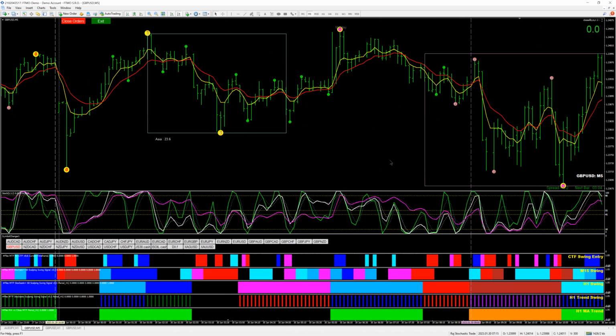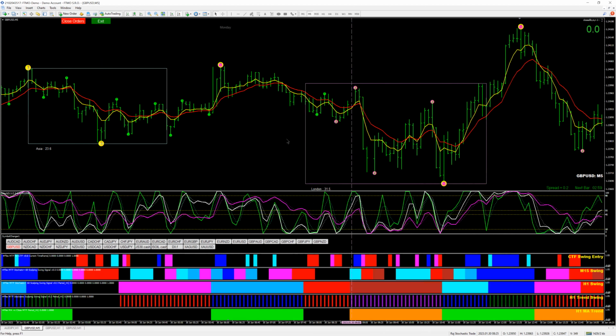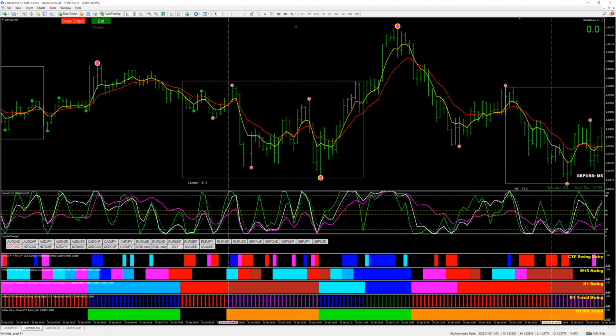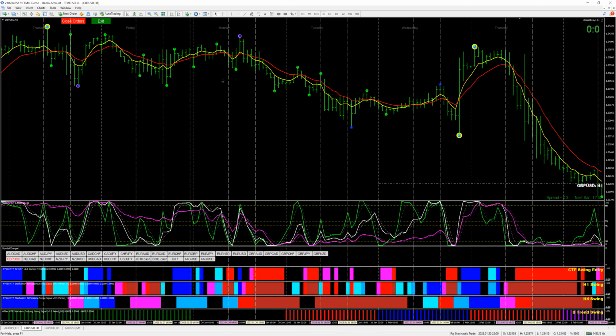Let's go to next week. So this is Monday, the 30th. Let's look at H1. And we're still in the middle of that retrace, right? The retrace ends somewhere here. And the H1 kicks in right after that bar.